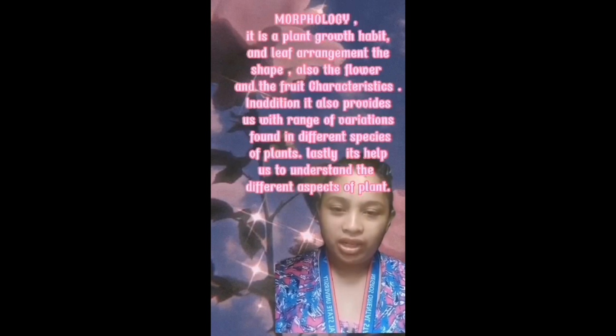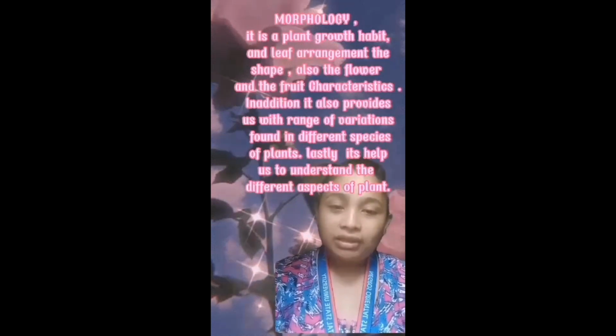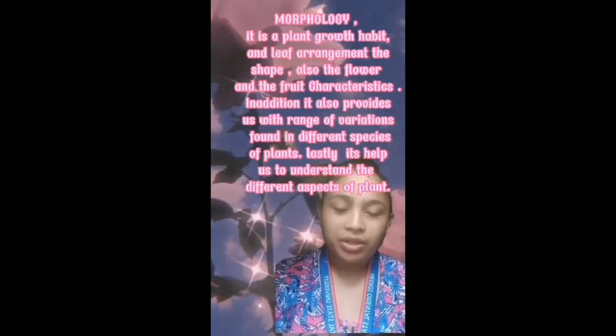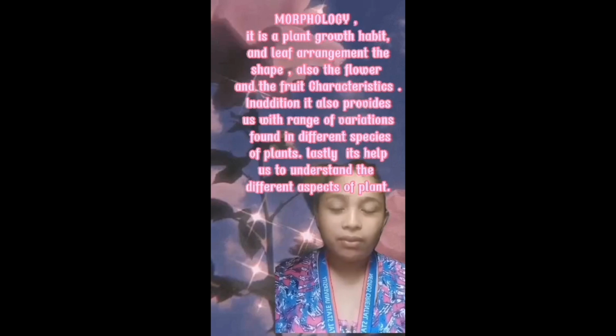I will discuss the different taxonomic characteristics. The first is morphology. It covers plant growth habit, and leaf arrangement and shape, also the flower and the fruit characteristics. In addition, it also provides us with the range of variations found in different species of plants.